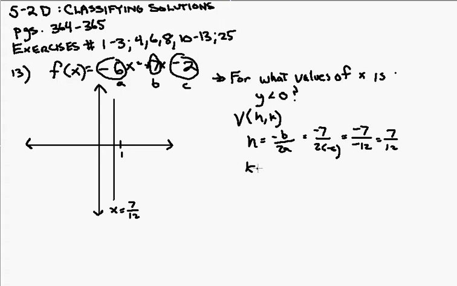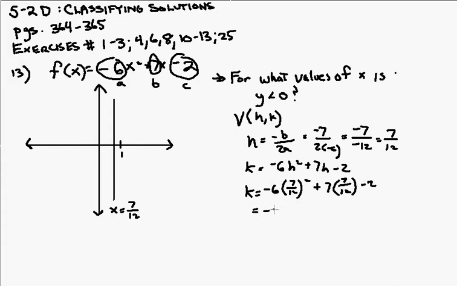So my k is going to be negative 6h squared plus 7h minus 2. So h is 7/12, so I have k is equal to negative 6 times 7/12 squared plus 7 times 7/12 minus 2.